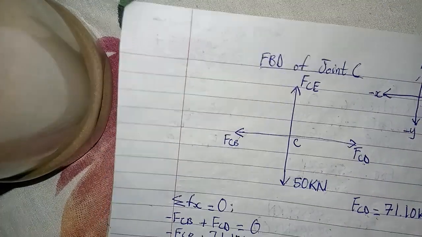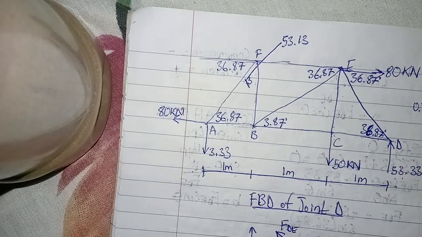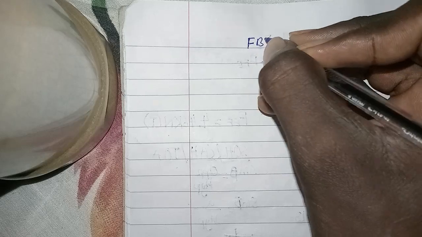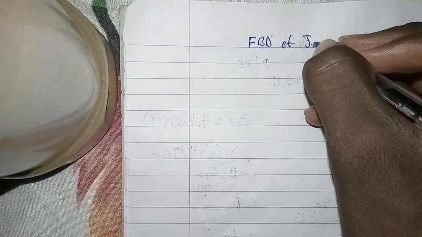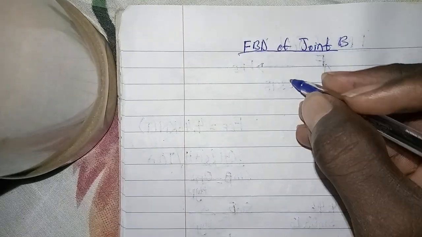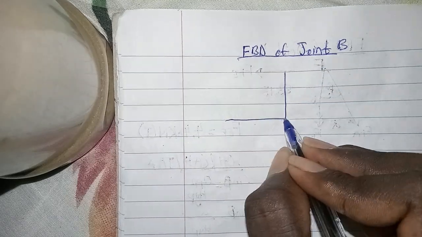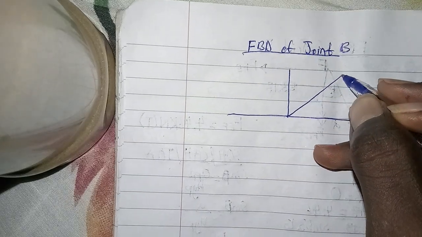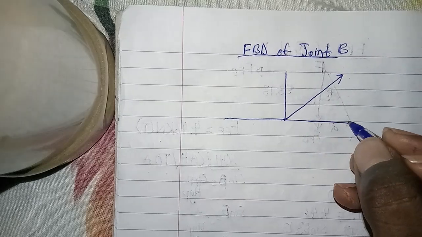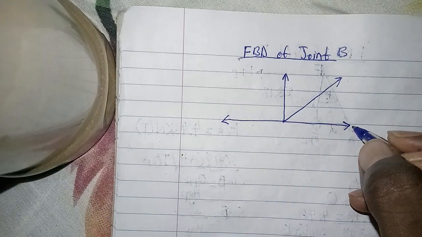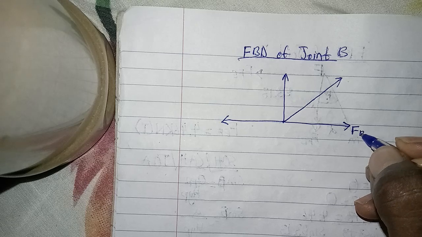Let's take another joint. Let's take joint B. We are going to draw the free body diagram of joint B. We get something like this. Here will be force BC.